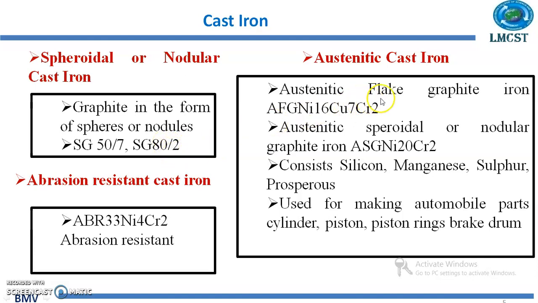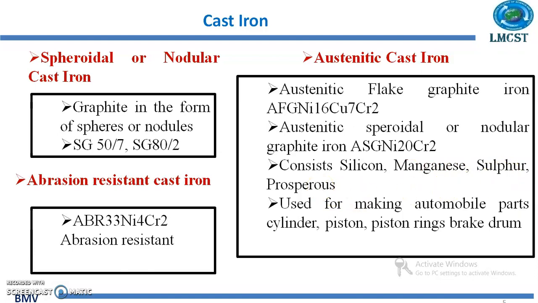Now we have austenitic cast iron. Depending on the form of graphite present, these are classified as austenitic flake graphite iron or austenitic spheroidal or nodular graphite iron, and these are the designations. This contains a small amount of silicon, manganese, sulfur and phosphorus.